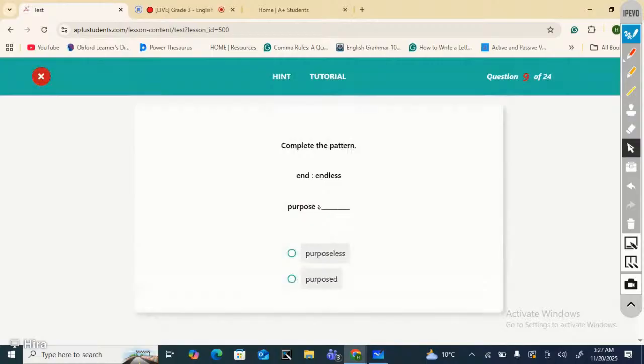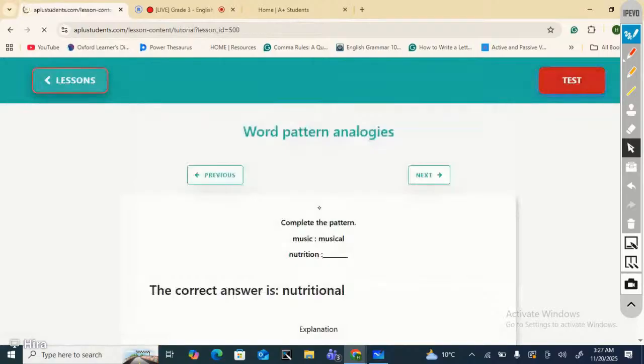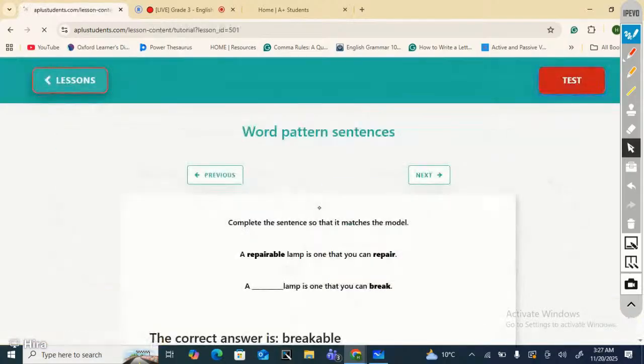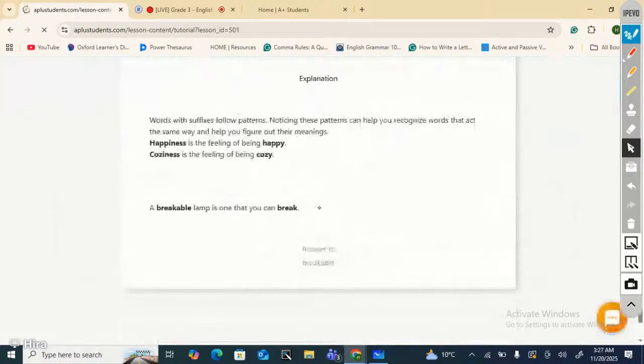Okay, from this one, we are going to move to lesson number 2 of the same chapter. Word pattern sentences. It's basically the same thing.